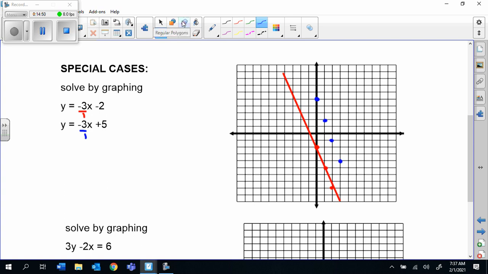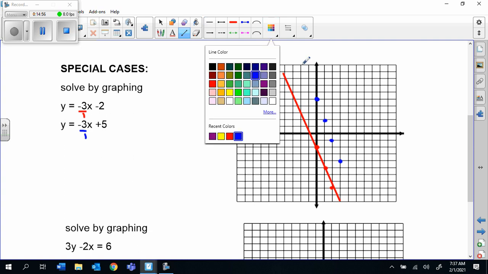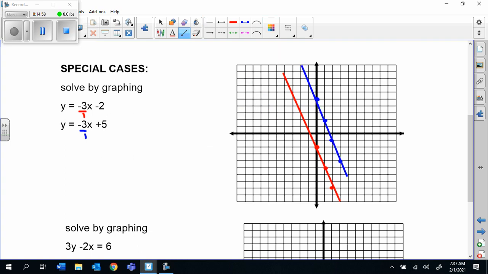And we learned in chapter 3, we looked at parallel lines having the same slope, and you learned it in theory, but here you might have examples in which you graph them, and you can see right there, they're coming in at the same angle.